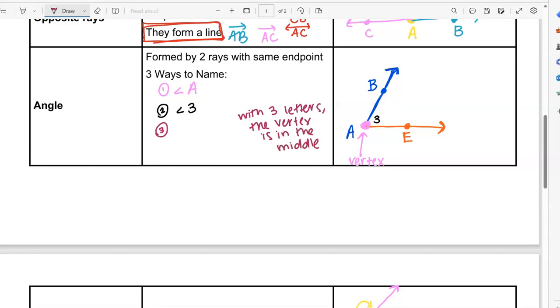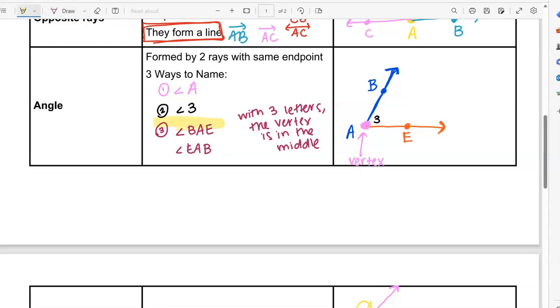It does not matter the order of the other two, but the vertex must be in the middle. So we could say angle B-A-E. Notice A, the vertex, is in the middle. We could also go the opposite direction, angle E-A-B. Again, A is in the middle, A is the vertex. It must be with the vertex in the middle.